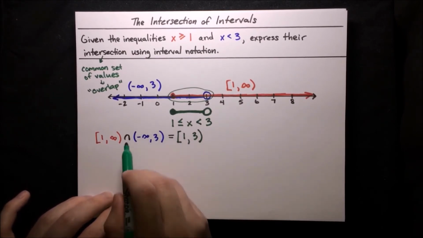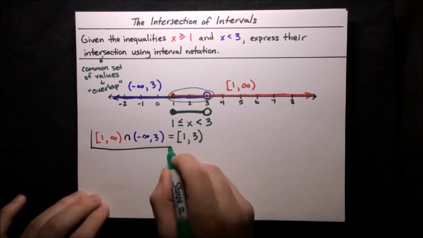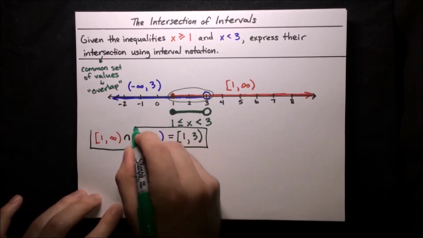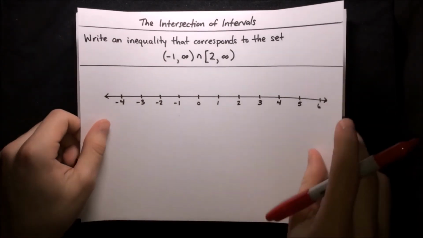So there we go. Using the intersection symbol here, we can write the full statement that the intersection of these two intervals is this resulting interval.